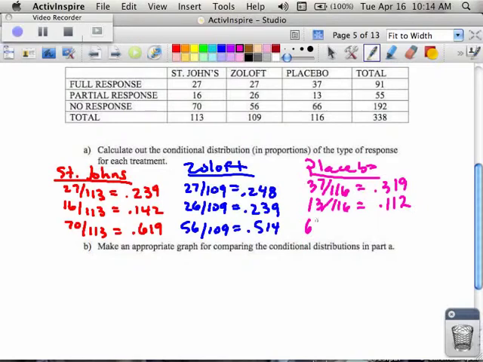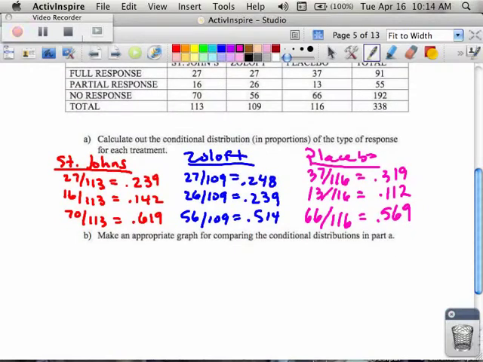And then there were 66 out of 116, which is the same as 0.569. These are what they call the marginal distributions, or marginal proportions. We're going to be using this number later, but 338 is the total number that we'll be looking at for the table.